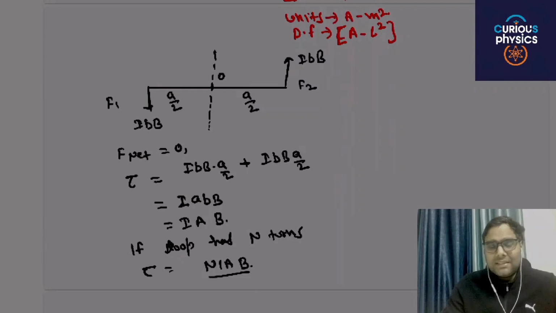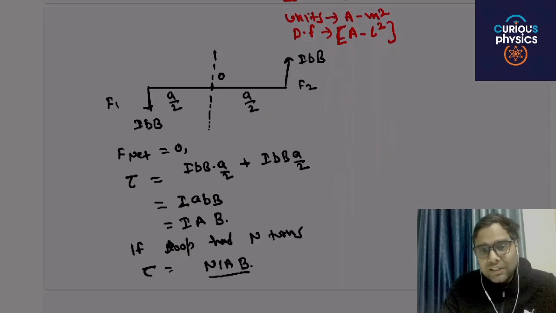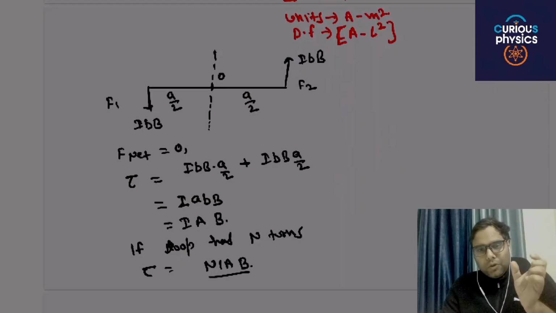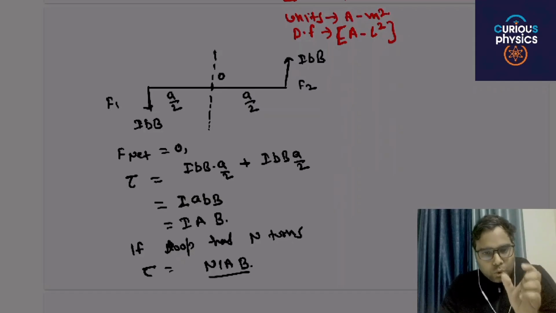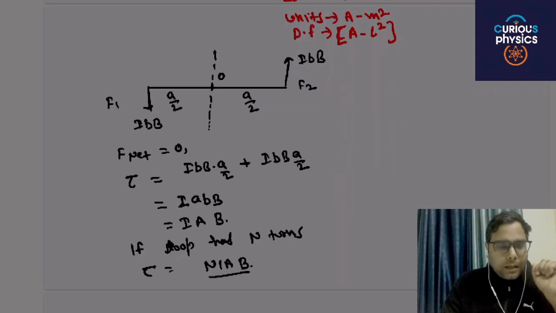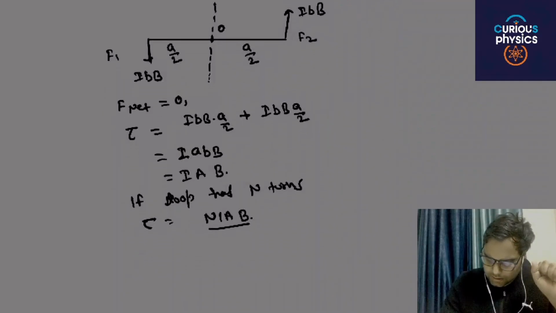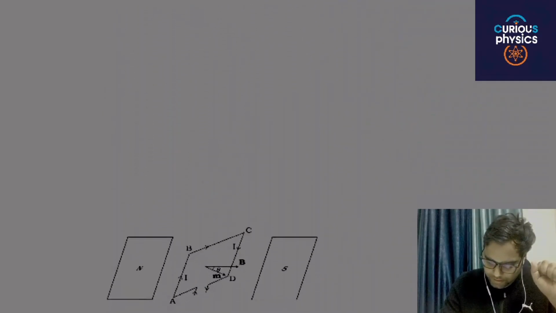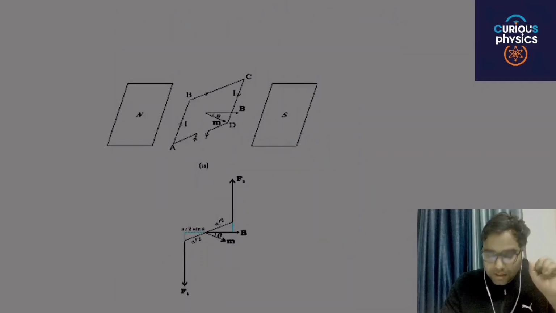But this is not the general case. This is basically a special case, because here initially I have considered the initial position of this loop to be perpendicular to the magnetic field. But the loop may have some other direction.